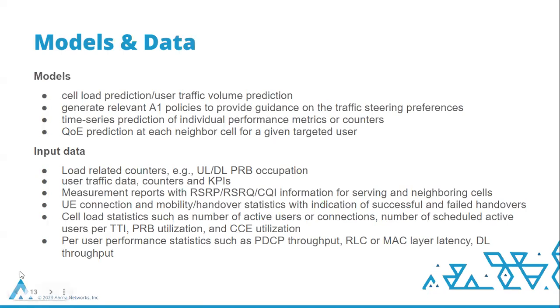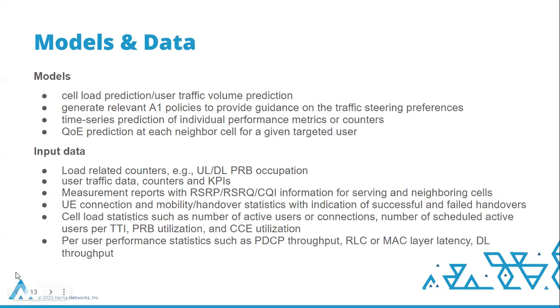While doing this, it's not only for the single cell, we need to do it for the neighboring cells as well. At the end, we will compare the load across the various cells, and the model will take a decision. So what are the models we have discussed so far? It can be any model, either supervised learning, unsupervised learning, or CNN. It can be any. It's not limited.